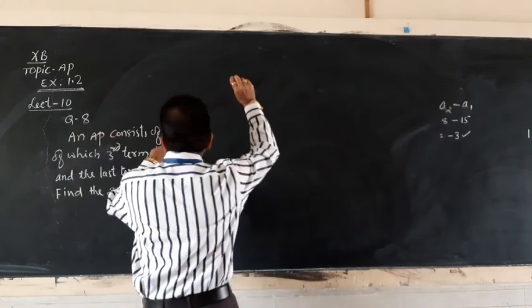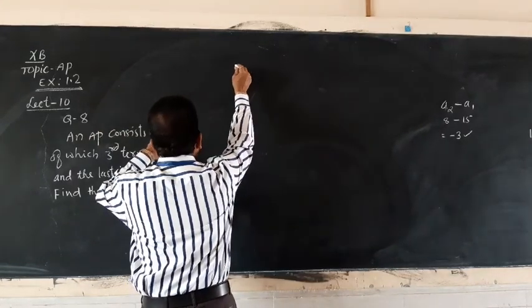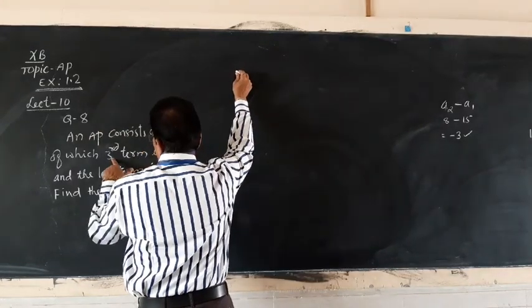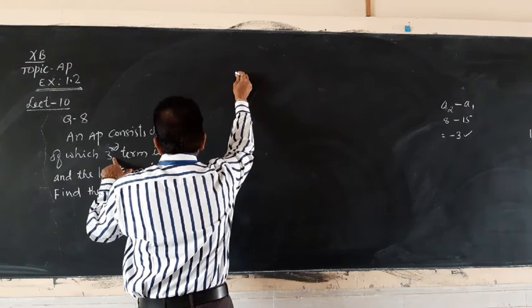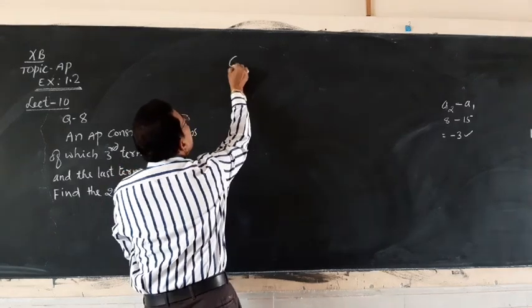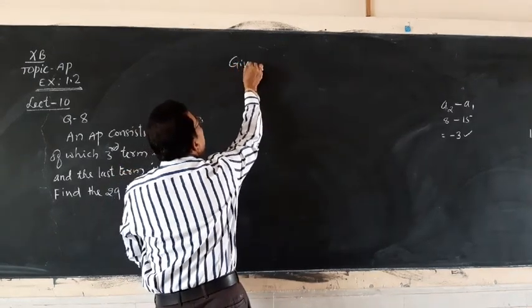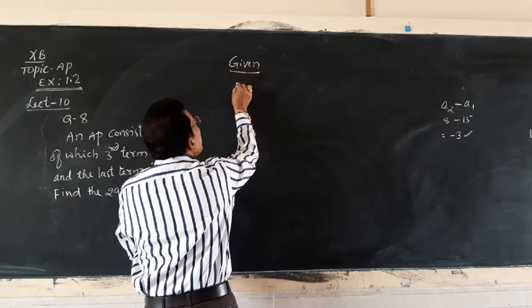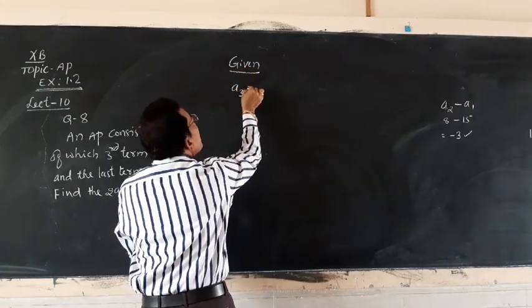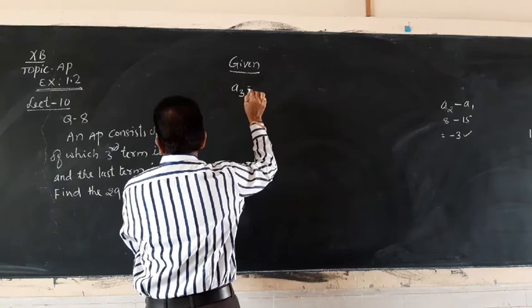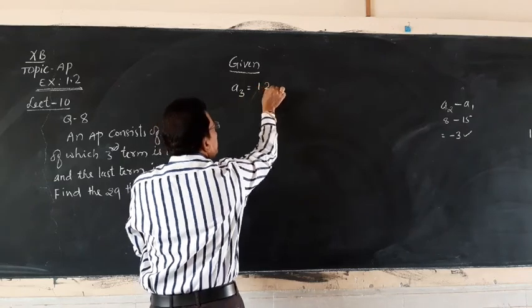An AP consists of 50 terms. The third term is 12. A3 equals 12.